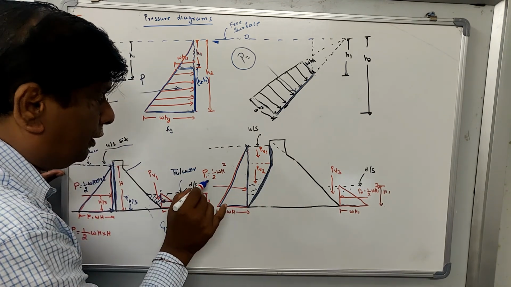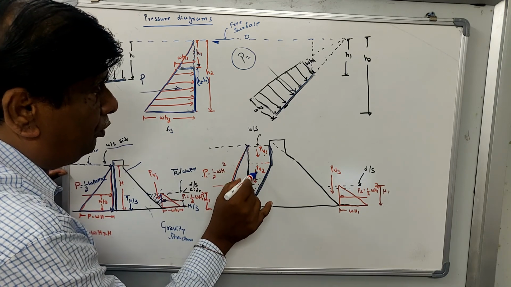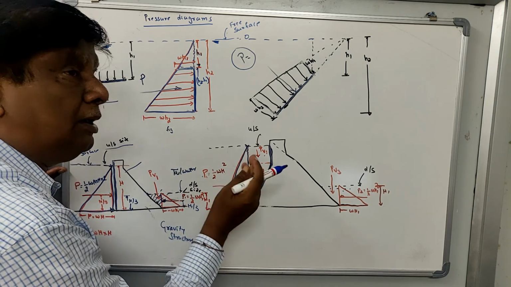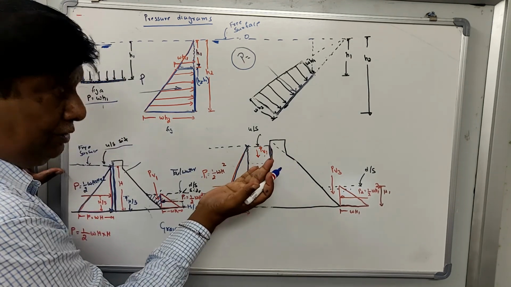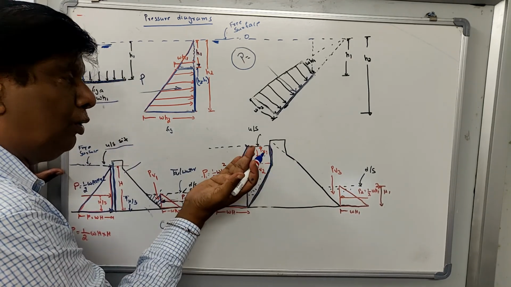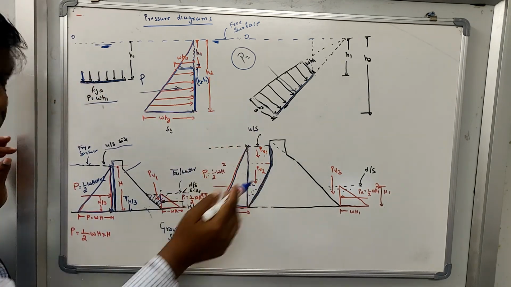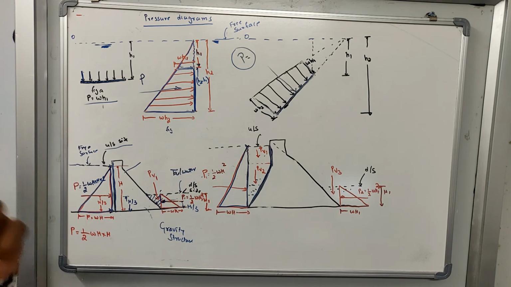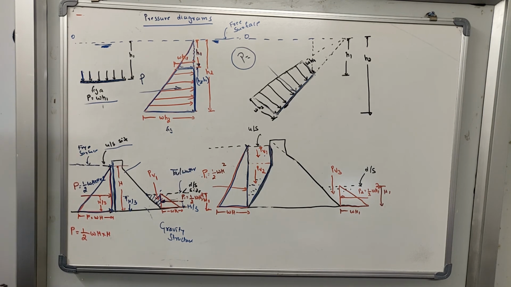The surface force is P1, and PV1, PV2 are the self weights or volumetric forces, that is the weight of water stored on the inclined surface. Like this, you have to draw the pressure diagrams and calculate the magnitude of the total force and point of application.